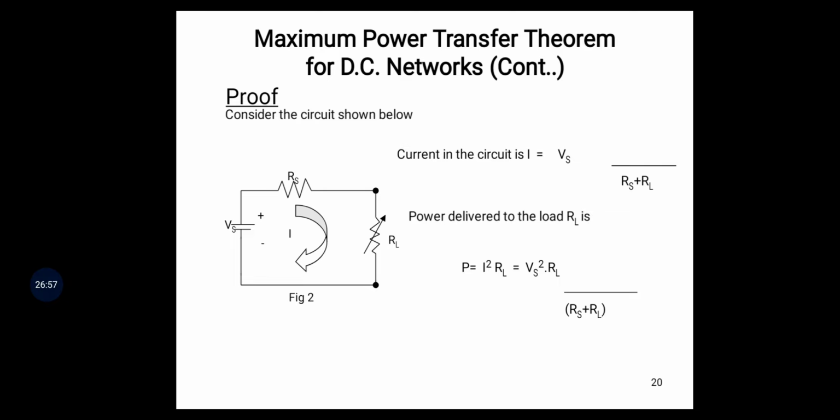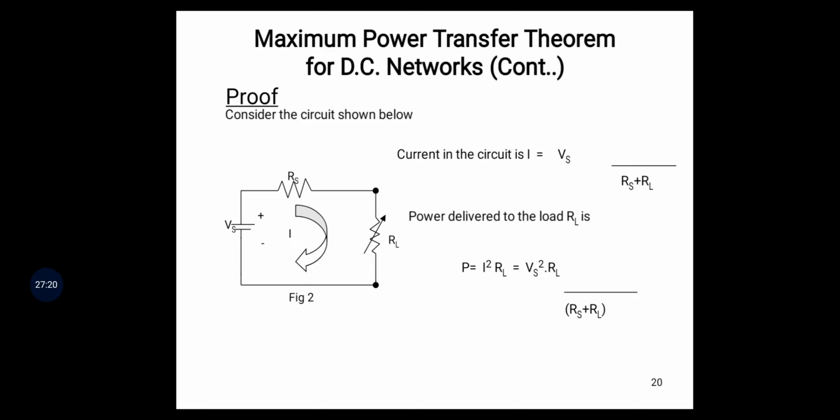First of all find the current: I equals V by total resistance, Vs by Rs plus RL. Then the power delivered to the load RL is P equal to I square RL.